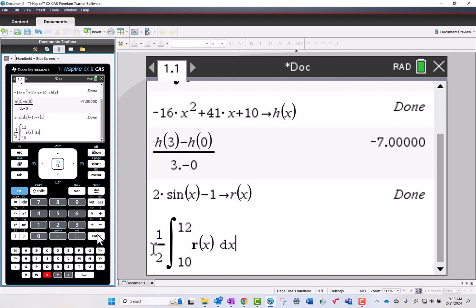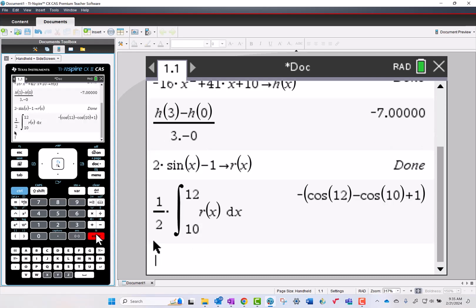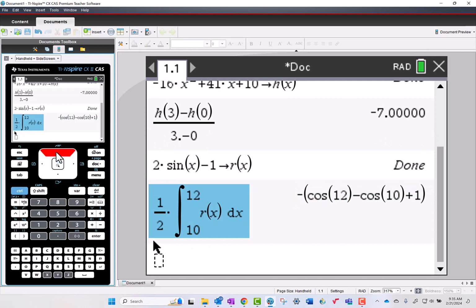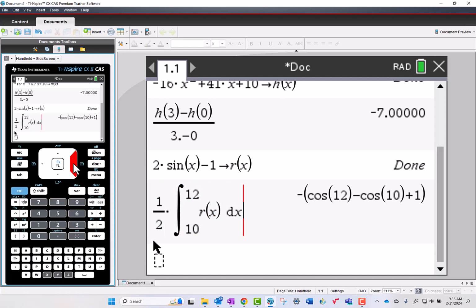Well, let's hope it gives me an actual decimal. Of course it doesn't. Let's see, where can I put a decimal? Okay, perfect. Let's just do that then.